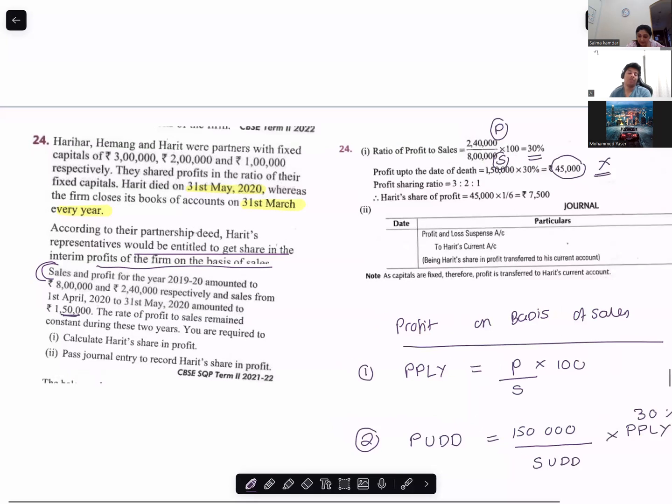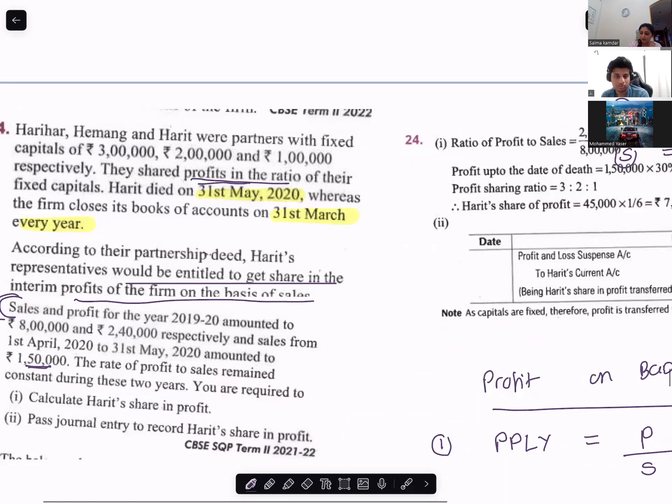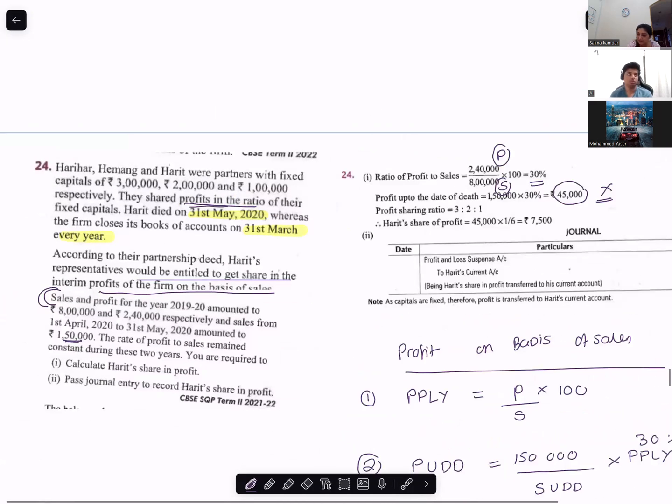According to their fixed capital, the profit sharing ratio is 3:2:1. So the deceased partner's share of profit is 1/6. You multiply by 1/6 and you get 7,500. So you got the deceased partner's share in profit, correct?